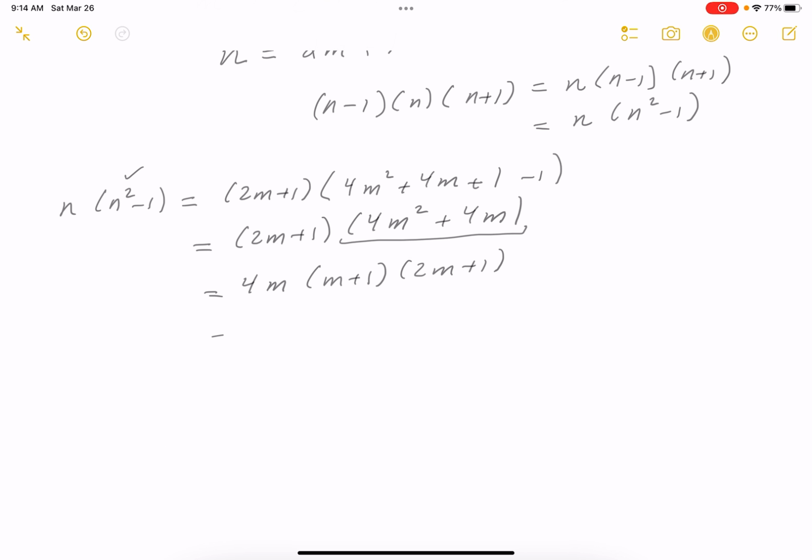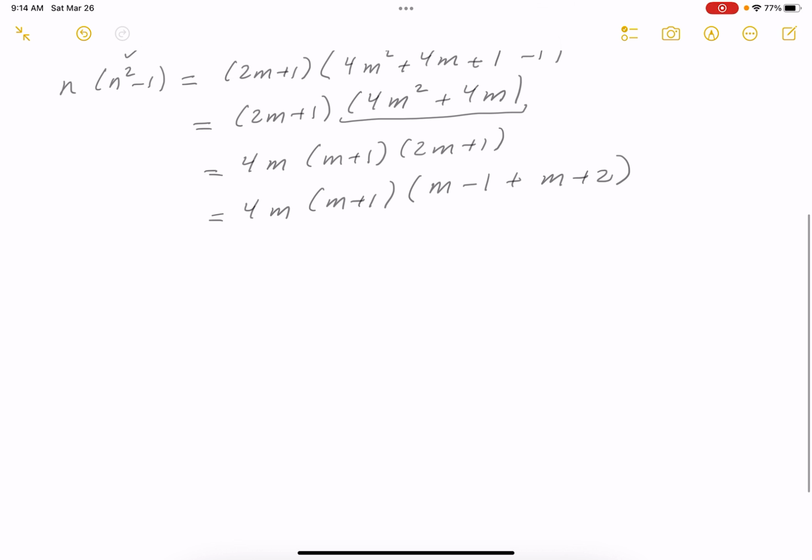So let's write this down. 4m, m plus 1, and the 2m plus 1, I'm going to write it as m minus 1 plus m plus 2. Before I go forward, I want to make sure that that's correct. I do get 2m. Yeah, it's all right.